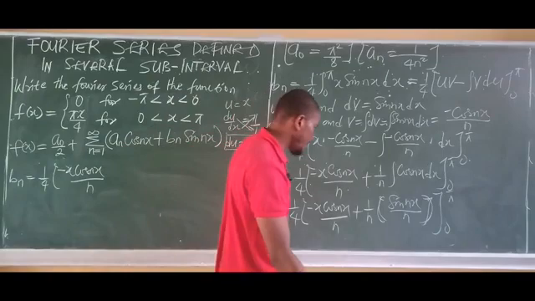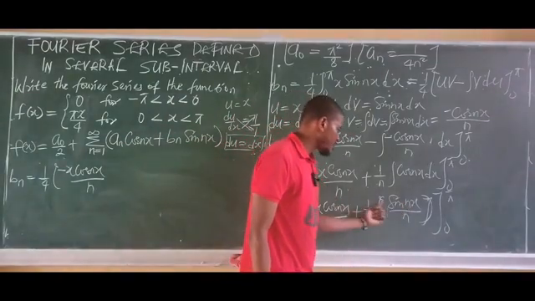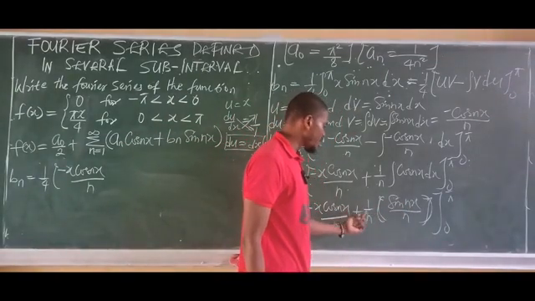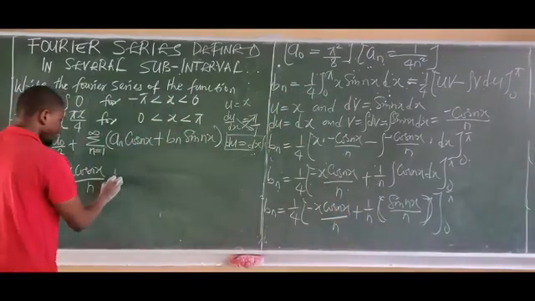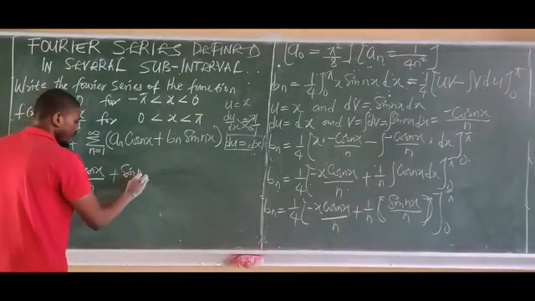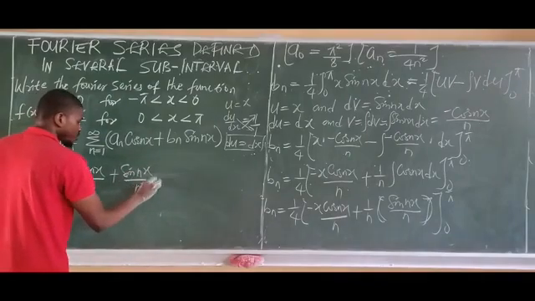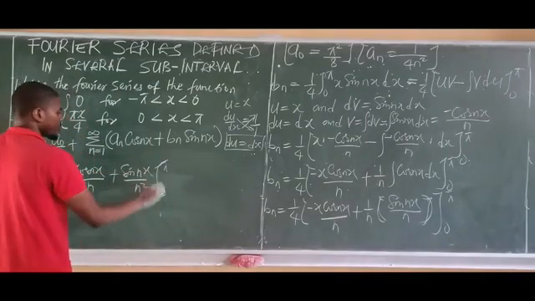Now observe here, sine nx multiplied by 1 remains sine nx all over n times n here remains n squared. So this is plus sine nx all over n squared from 0 to pi.